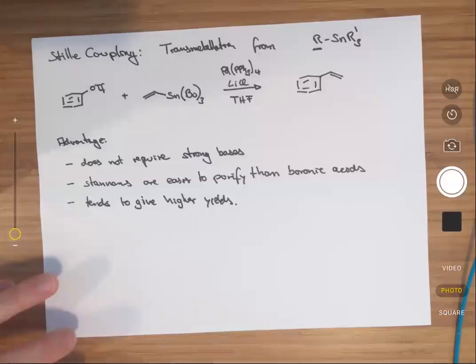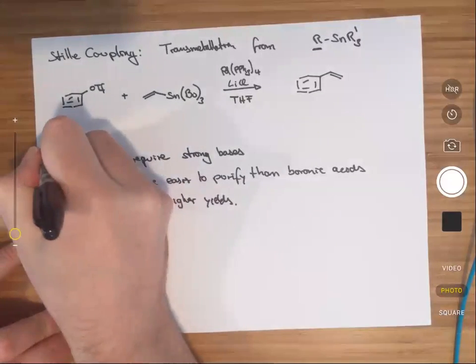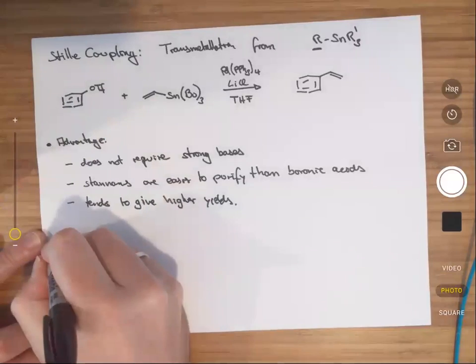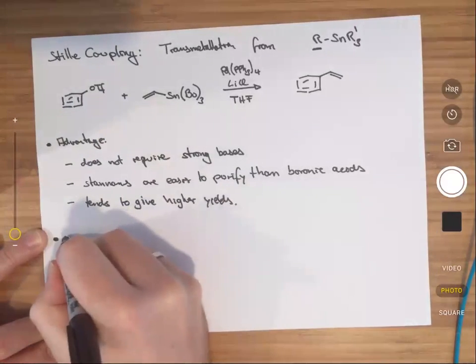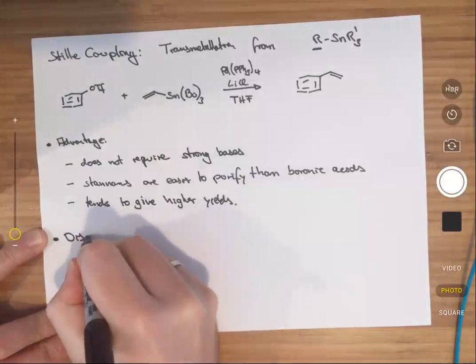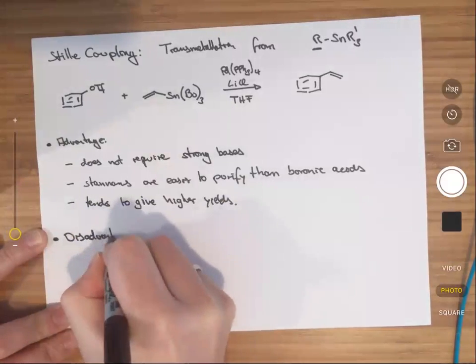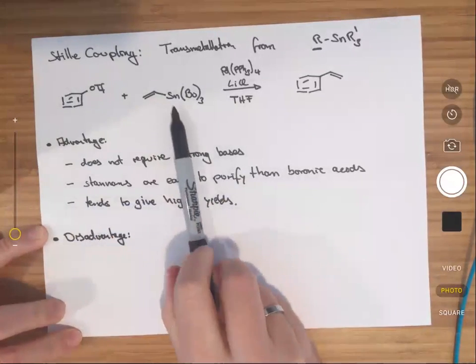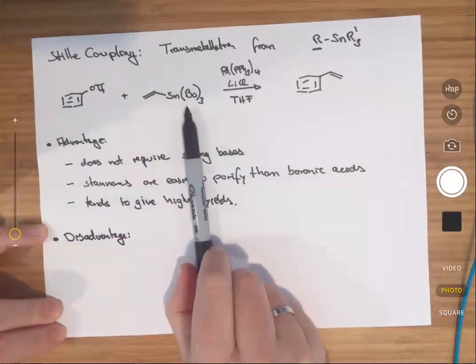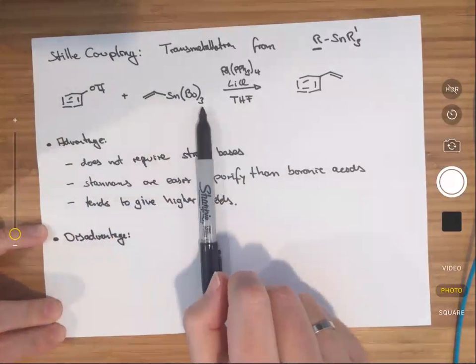Well, the problem is that it comes with one major disadvantage. All these positives here come at a significant price. So the disadvantage is that all of these stannanes, all these organotin reagents, are terribly toxic.